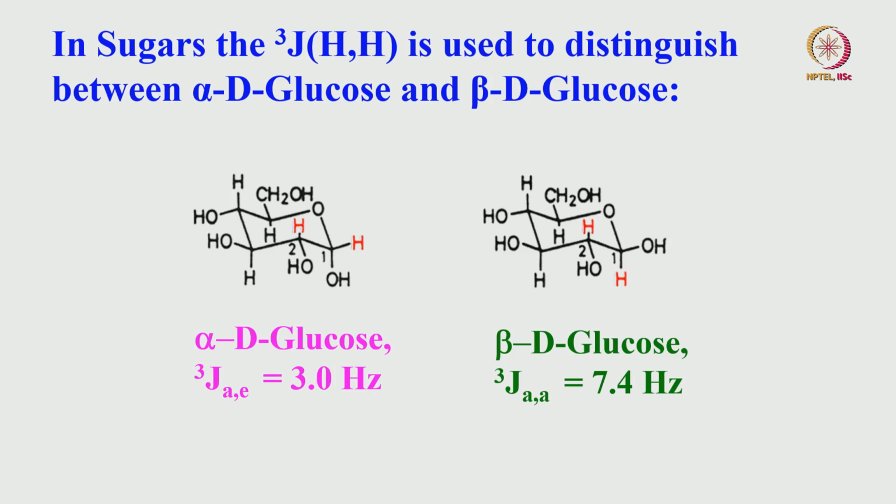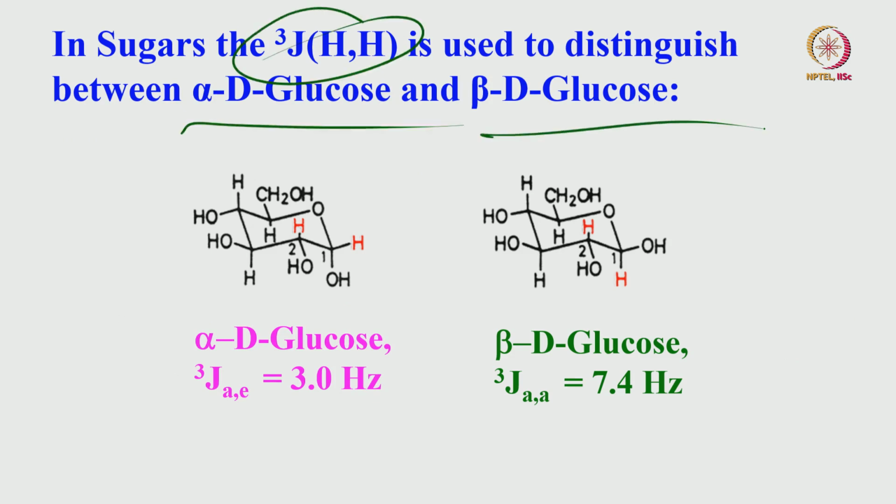We will analyze one or two sugar spectra of D-glucose to understand. Going to sugars, 3JHH coupling is used to distinguish alpha D-glucose and beta D-glucose. Take D-glucose, we have alpha glucose and beta glucose, the structures are like this. For example, in alpha glucose, the axial-equatorial coupling is 3 hertz, but in beta glucose the structure is different.